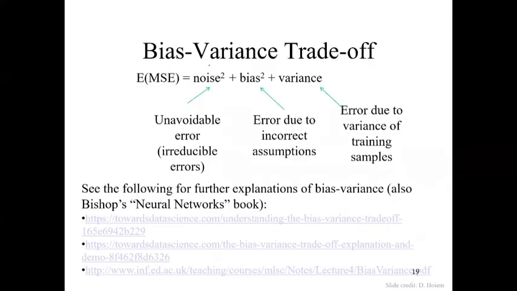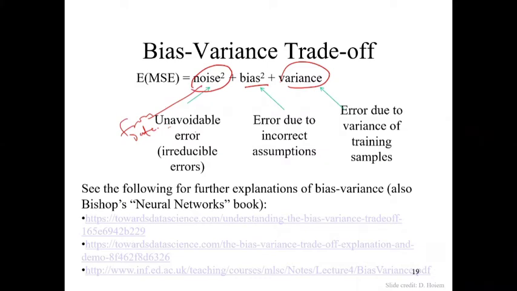Now, the bias-variance trade-off. As we mentioned, these are the constituents of error generally. We have the noise, we have the bias, and then we have the variance. We call the noise irreducible error or unavoidable error because it comes from your data set. There's nothing you can play with. You have to go to your data set and try to make it better.